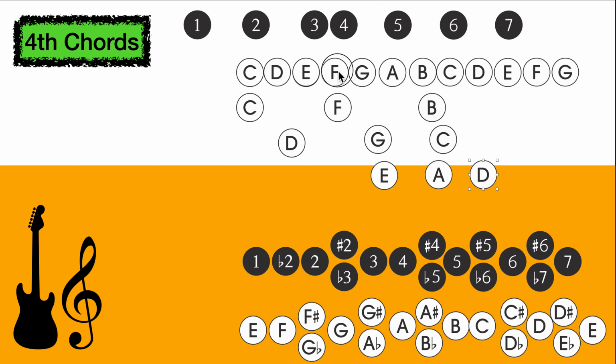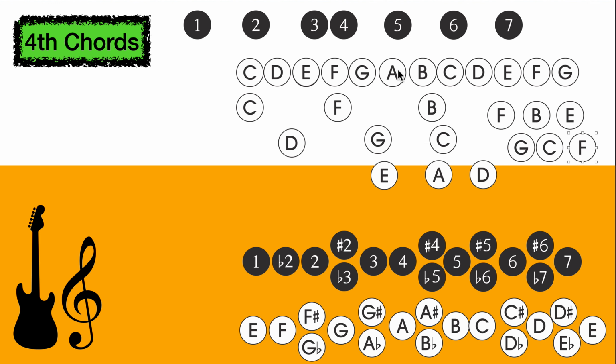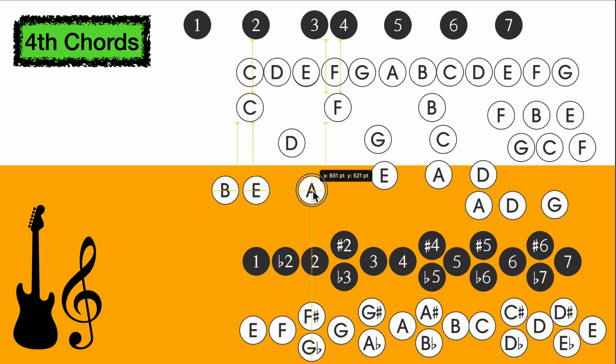E, A, D, F, B, and E, G, C, F, and then A. Sorry about all of the jumble here. A, D, G, and then finally B, E, and back to A. E to A is the fourth.